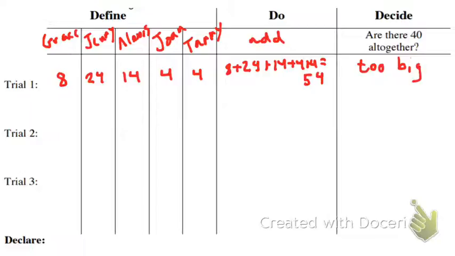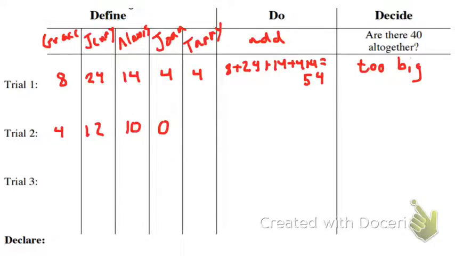Let's go for 4. I'm just going to go through all my information again. Jenny was 3 times as many as Grace. Alexis was 6 more than Grace. Joan was 4 less than Grace, meaning Joan did nothing. So already I'm kind of worried about this.